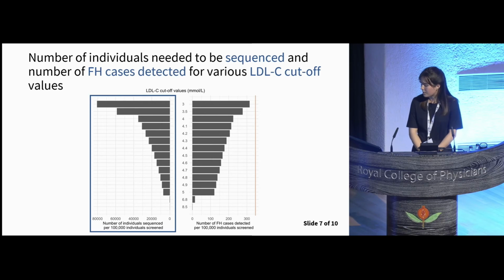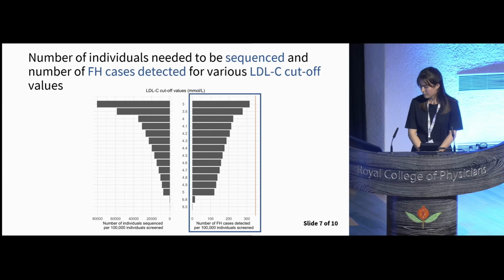And these are the number of individuals whose LDL cholesterol concentration exceeds the pre-specified threshold values in each of the rows. And these are the individuals that would then be sent for exome sequencing in stage 2. And here, these are the total number of FH cases detected for each of these LDL cholesterol threshold values.